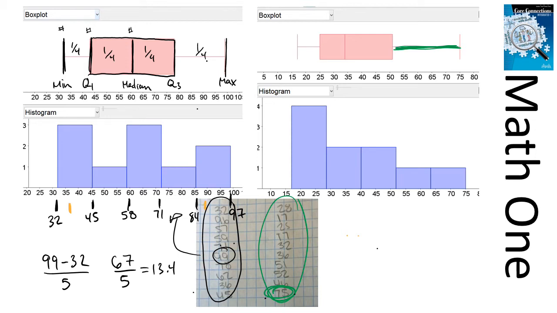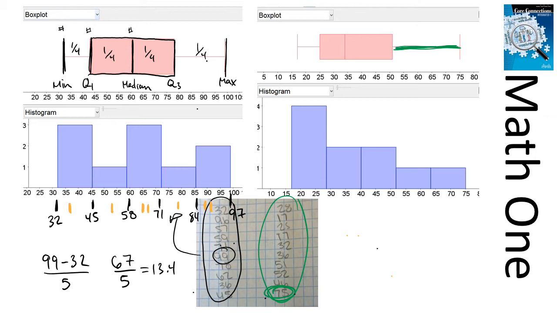The next one's 57, which would be, interestingly enough, in this little range. Then I got a 59, which would be just inside of this one. Then I've got a 71, which is right on the border. I guess I'll put it in this one. Then I've got a 99, which would be in my last bin. Then a 78, which is in roughly this middle bin.